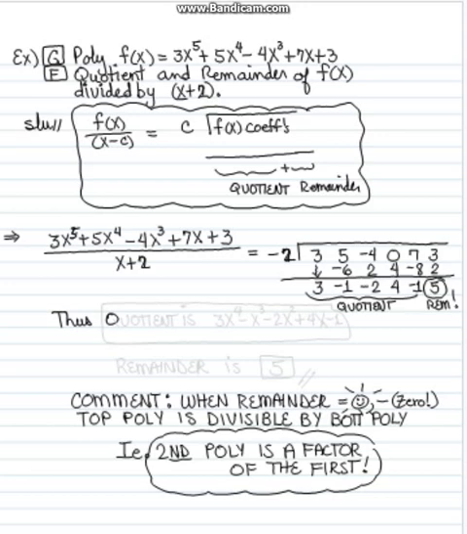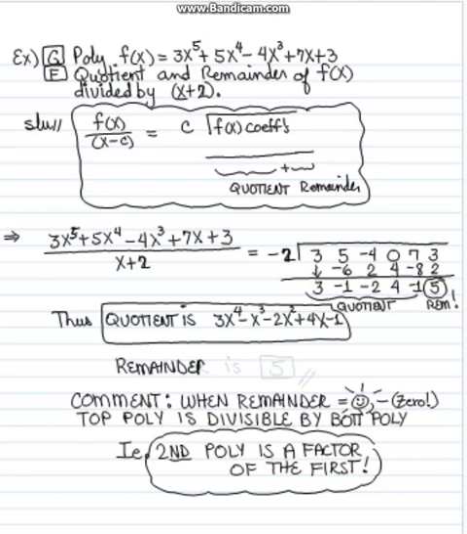So the quotient is 3x^4 - 1x^3 - 2x^2 + 4x - 1 for the constant. And the remainder, of course, is the number at the end. It is a positive 5.